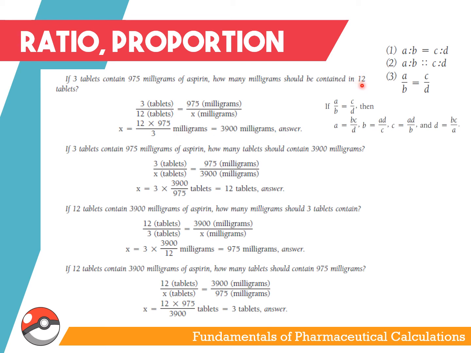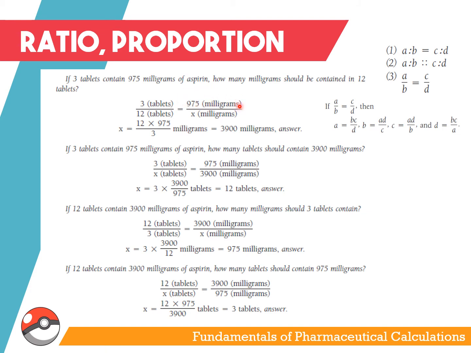Okay. After that, we should write this in a formula. What formula can be used? You can choose any of these, but it was written this way. We have 3 tablets and it contains 975 milligrams.